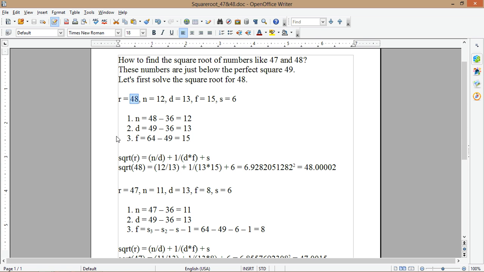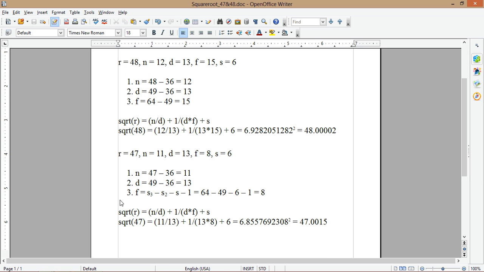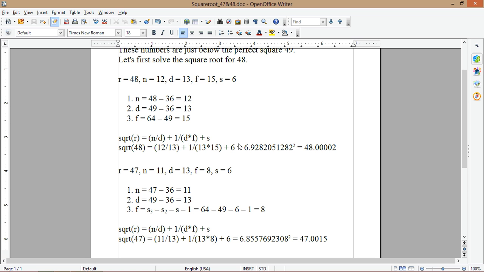Obviously 48, which is just below 49, we just did that. 63 is just one number below 64, and so on and so forth, guys, all the way up as high as you want to go. So that's how you get the square root of 48 and other numbers that I just mentioned.